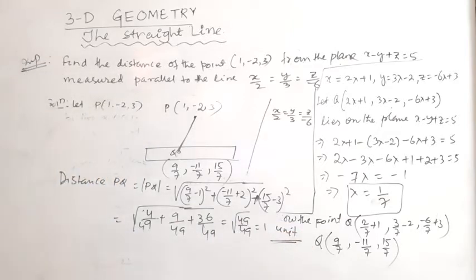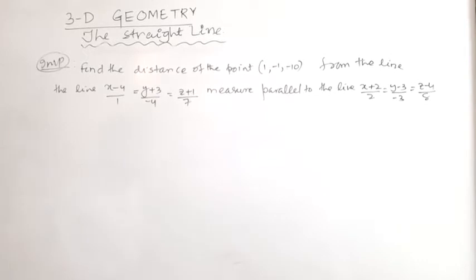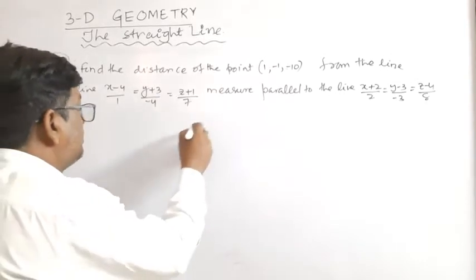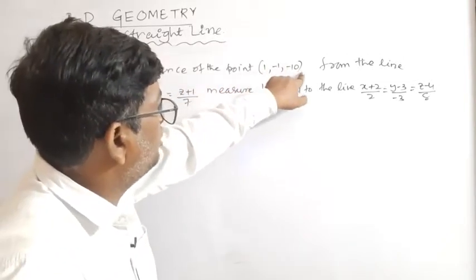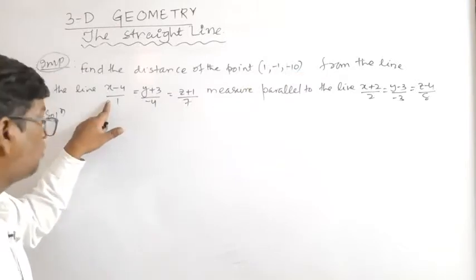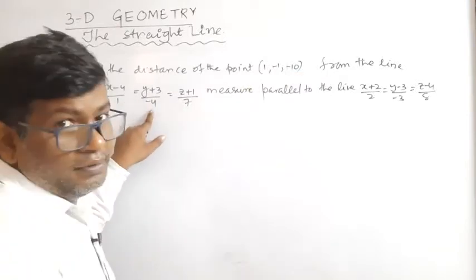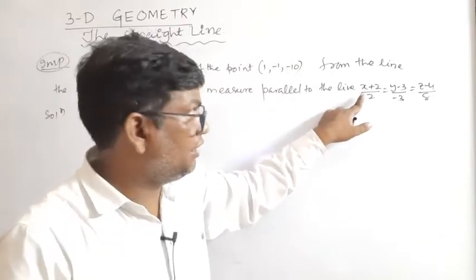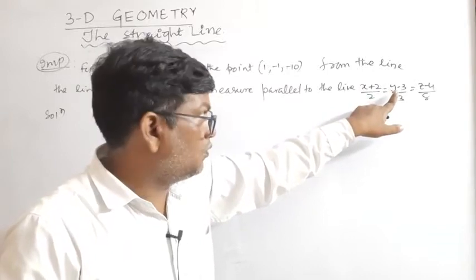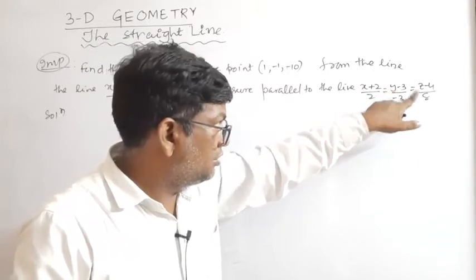Okay, this is a very important question also. Now another question. Find the distance of the point (1, minus 1, minus 10) from the line (x minus 4) by 1 is equal to (y plus 3) by minus 4 is equal to (z plus 1) by 7, measured parallel to the line (x plus 2) by 2 is equal to (y minus 3) by minus 3 is equal to (z minus 4) by 8.